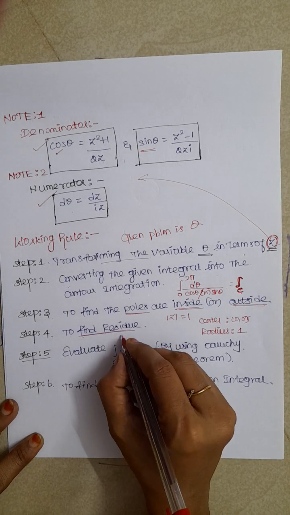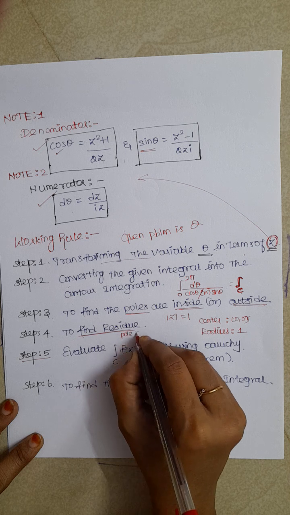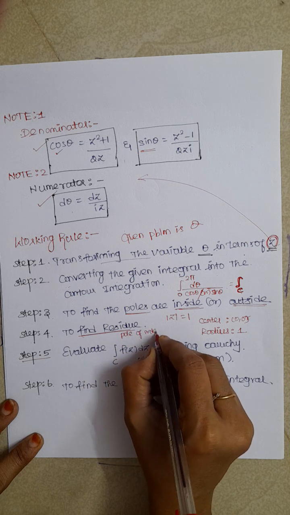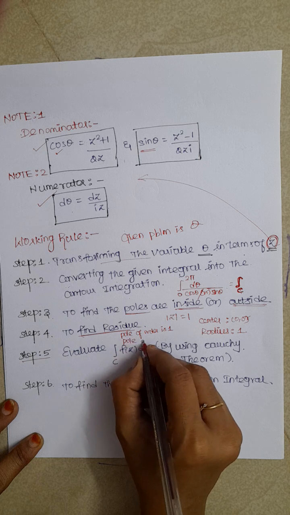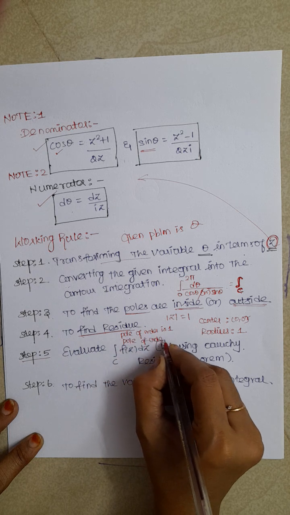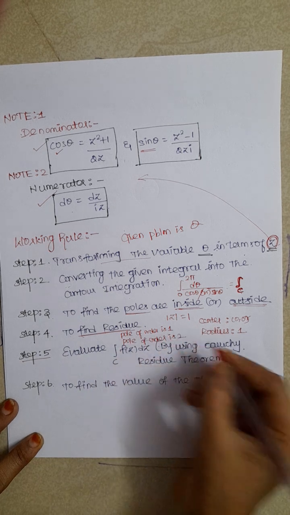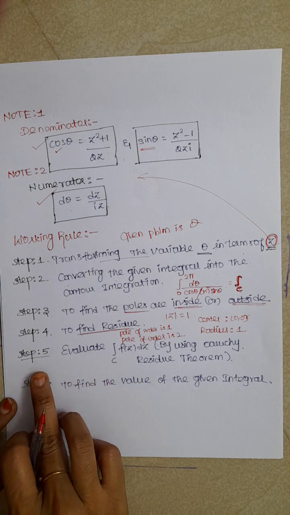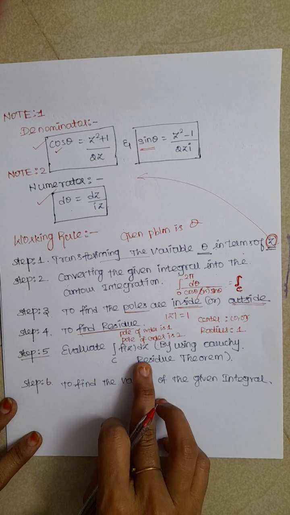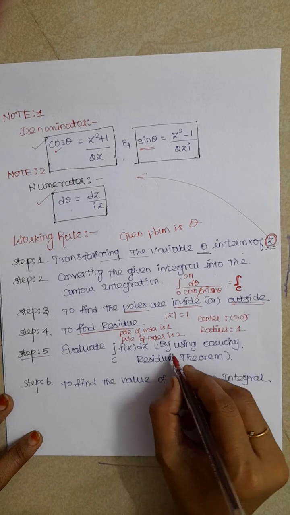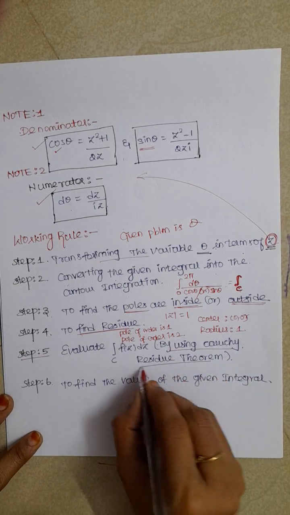First, pole of order 1. Next, pole of order 2. Okay. So next, step number 5, evaluate the integral over C of f of z dz by using the Cauchy residue theorem.